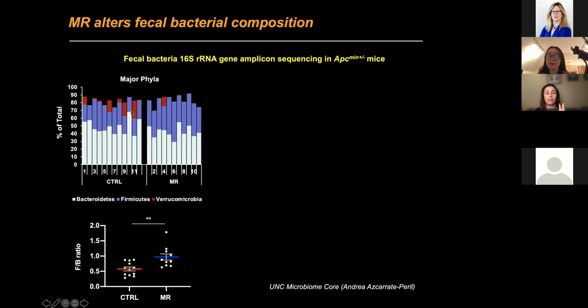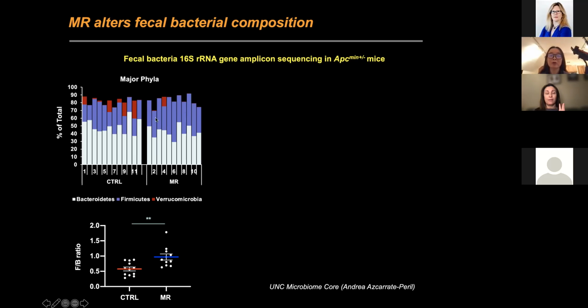This impact is actually pretty major. At the phylum level, methionine restriction can reduce Bacteroidetes and enhance Firmicutes, and therefore can significantly increase the ratio of these two major phyla of bacteria.